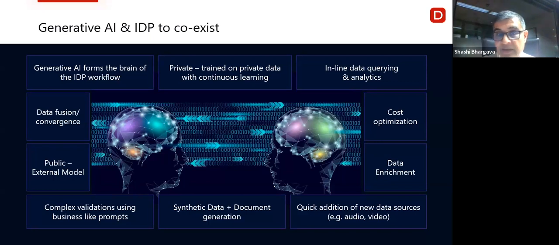Another important thing is continuous learning, you can call it self-learning. When you're processing documents in the IDP, and you process thousands of documents, whatever data you correct and capture can be used to make these models learn. That is going to be one of the very important pieces of the IDP as you go along.